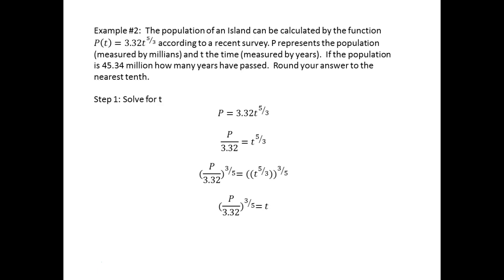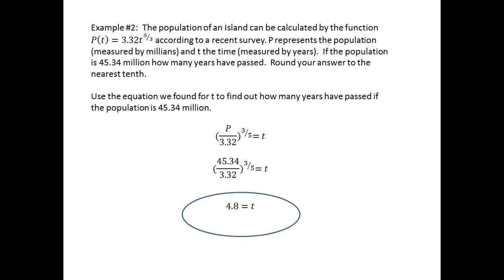Now, my original question was, if the population is 45.34 million, how many years have passed? So I am going to substitute in 45.34 million, or 45.34, for P, and use my calculator to figure out what I get if I raise 45.34 divided by 3.32 to the 3/5 power, and the answer is 4.8 years.